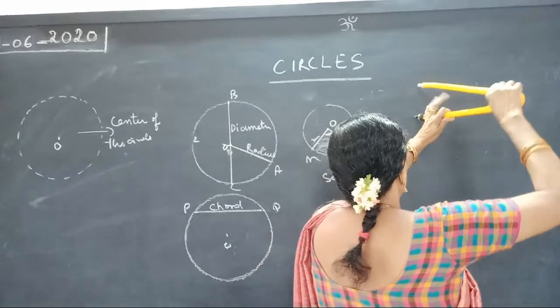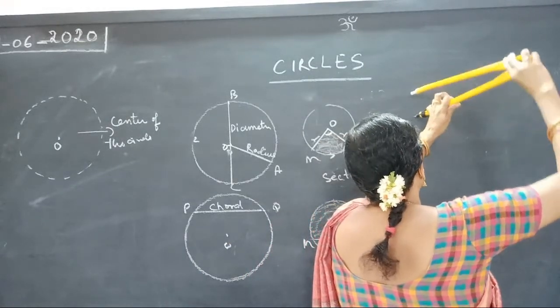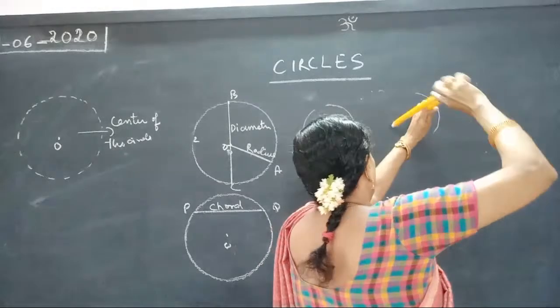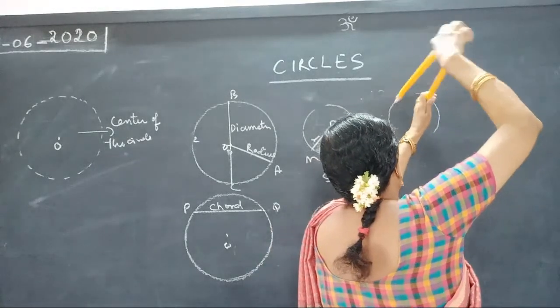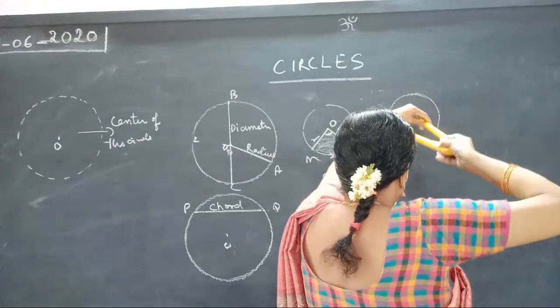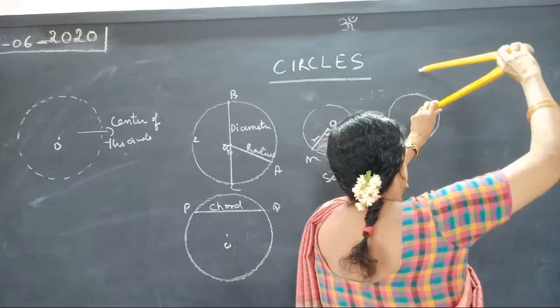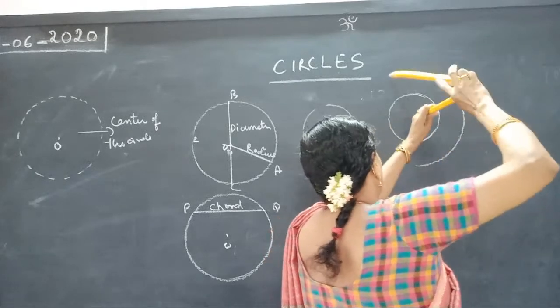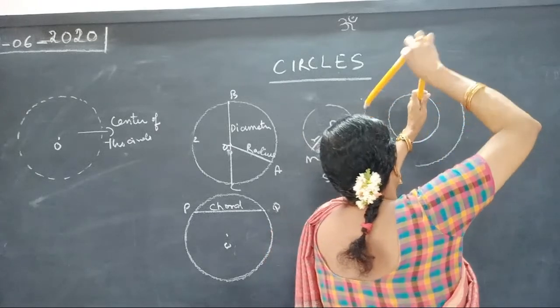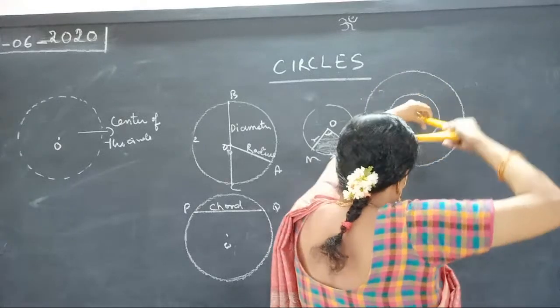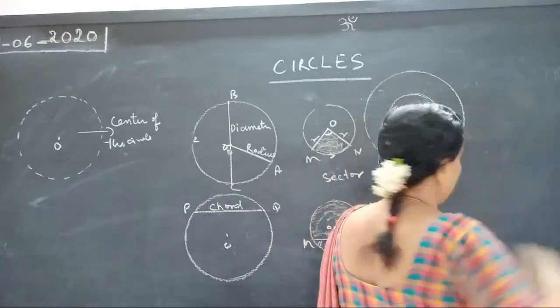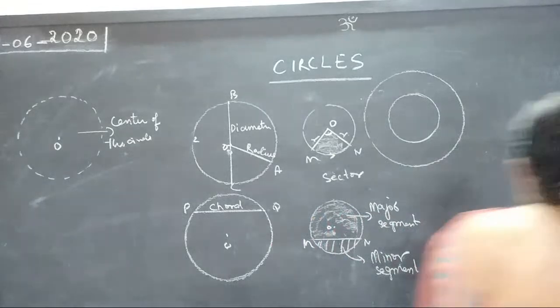So just see the figure and tell me how we can name this circle. Here I am drawing one circle. Again I am getting one more circle like this. What do we call these circles?